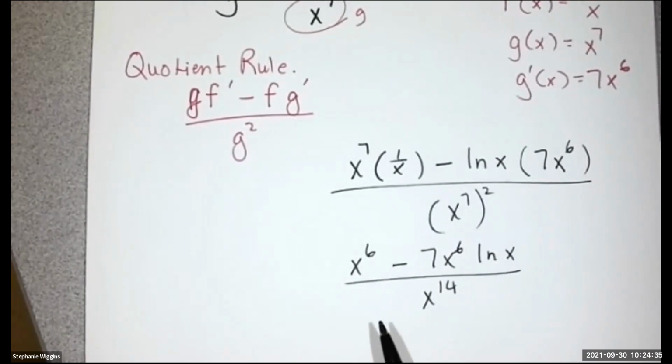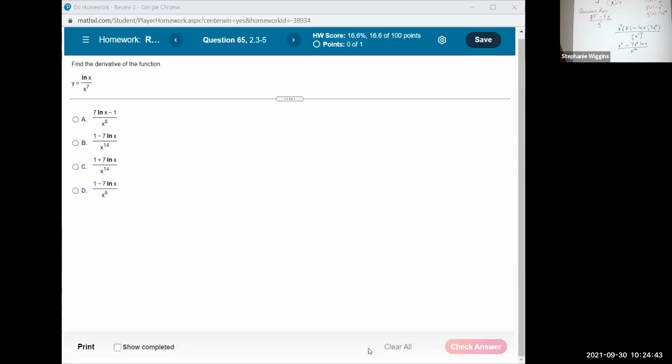Now, I'm not sure, they may simplify it further, so let me check their answers. I bet you they're going to simplify it even further. It looks like they did. So notice that we have x to the 6th here, and we have at least x to the 6th in the denominator, so we can cancel those out.